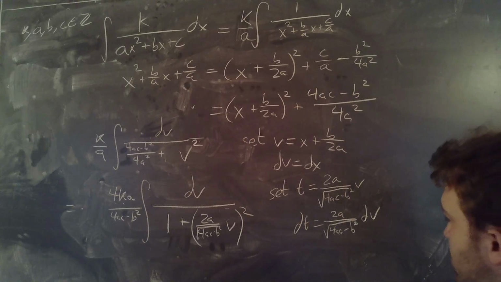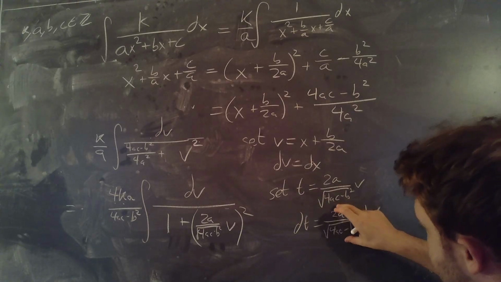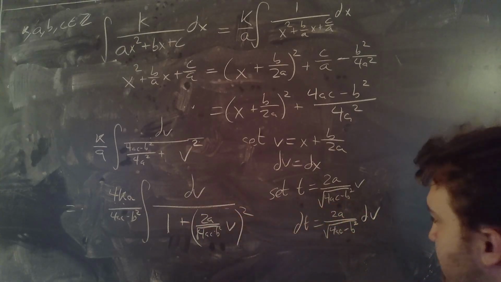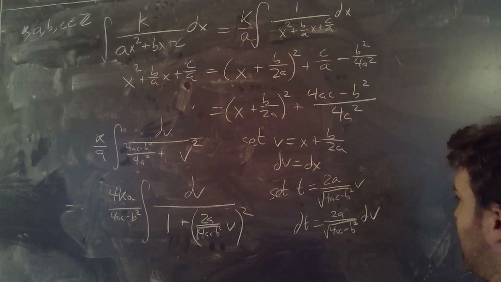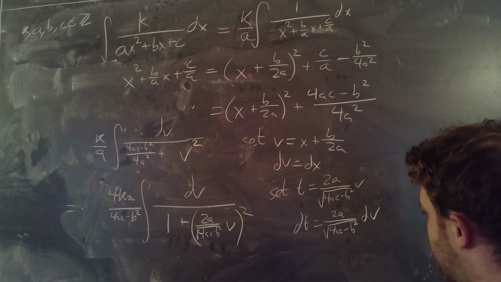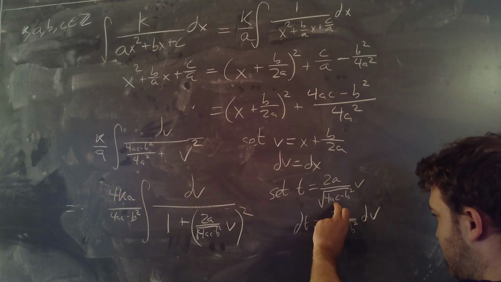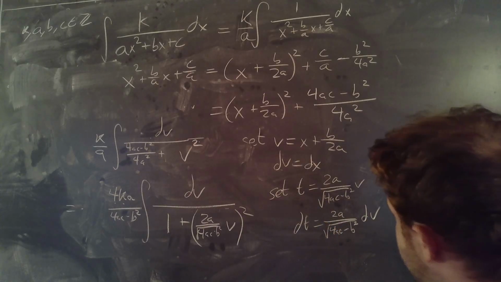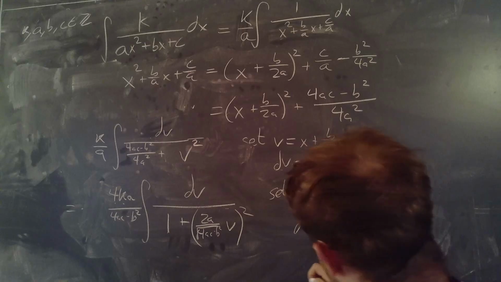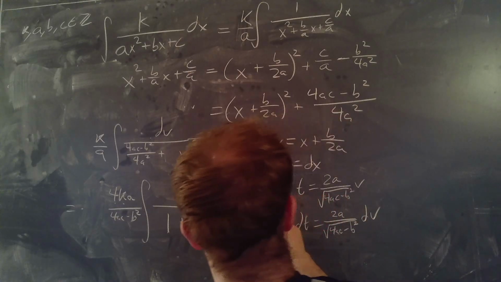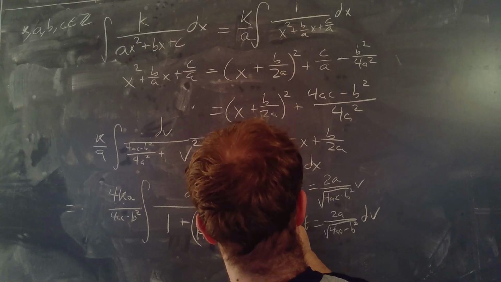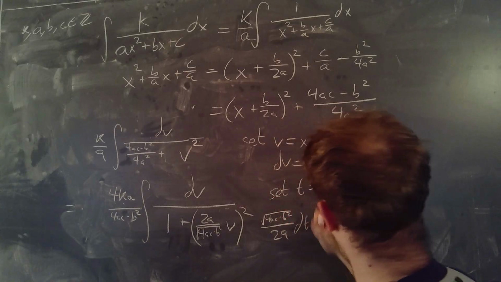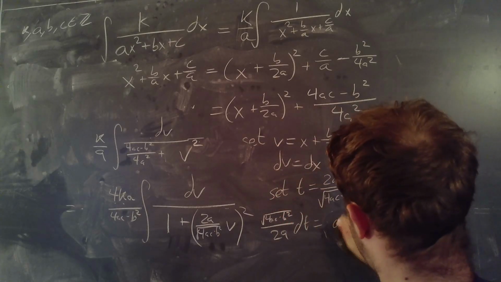And in order to get this over to the side containing dt, so we know what constant we have to multiply by, we will multiply both sides by the reciprocal of this. That makes the dv go by itself, which gives me the square root of 4ac minus b squared divided by 2a on the dt side.